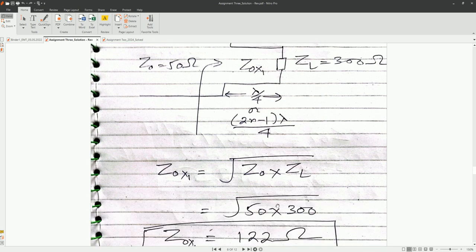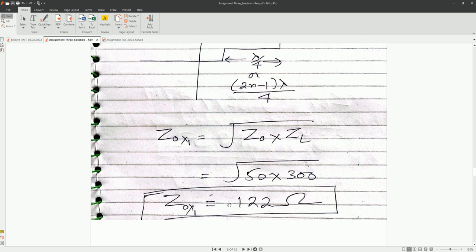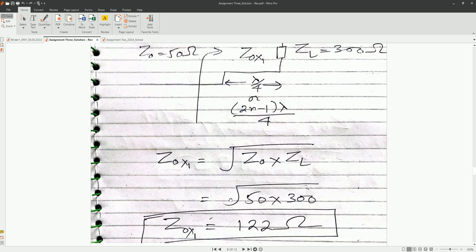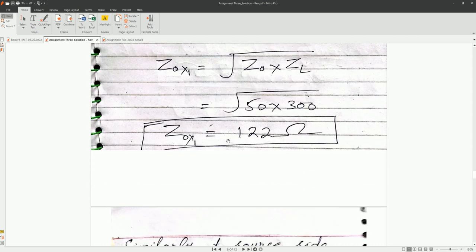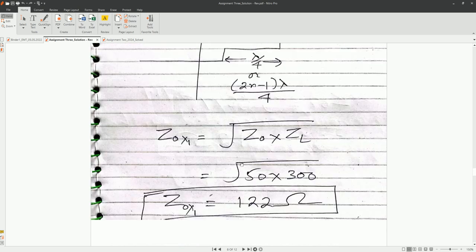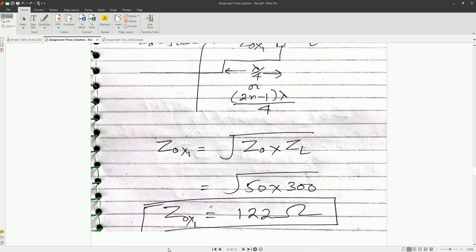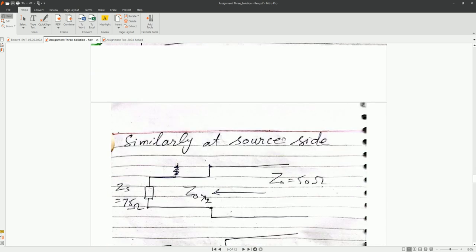So this is the square root of 50 multiplied by 300, which is 122 ohm. So this 122 ohm you will install here. This is one section of the quarter length transformer.